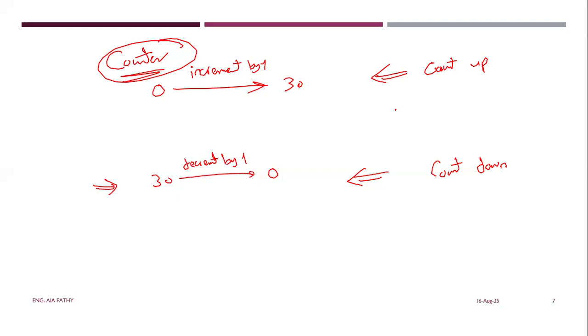So we can easily write count up: set count or index to count plus 1, and count down: set count to count minus 1.